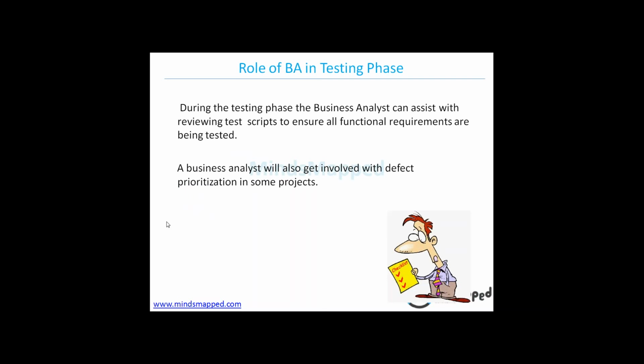You'll be involved in defect prioritization. What are the defects that are higher priorities from a business value perspective? For example, if a customer is transferring, let's say, $100 to his friend, but the actual amount that's getting transferred is only $95, that's a huge defect. That is a very big defect, so that is the highest priority.